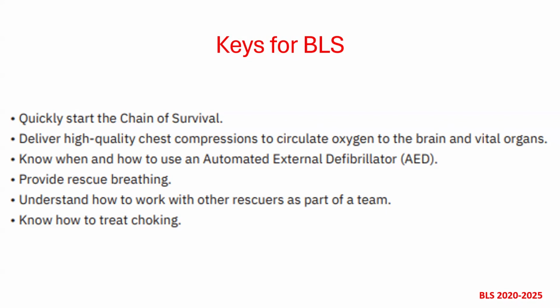Every place needs to have an AED. Also, know how to provide rescue breathing, understand how to work with other rescuers as part of a team, and know how to treat choking. These all need to be taught to every practitioner and healthcare worker across the globe and also to the common public.